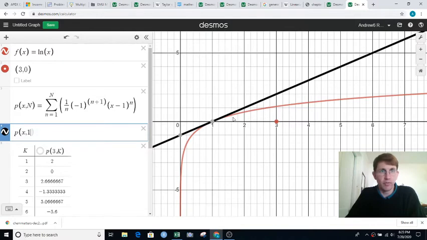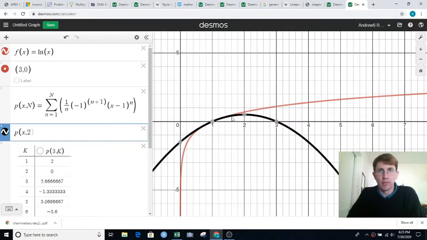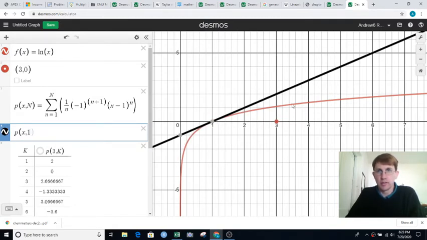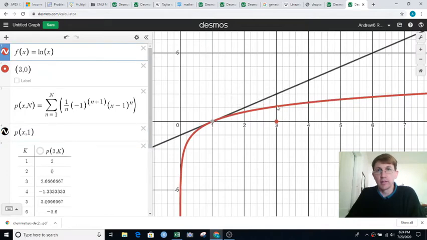So at like 1.5, we're getting closer and closer there. But let's look at 3. What is our linearization, our first order Taylor polynomial here at 3? We're getting basically a value of 2 when log is actually 1.09 at 3. So it's kind of far off.